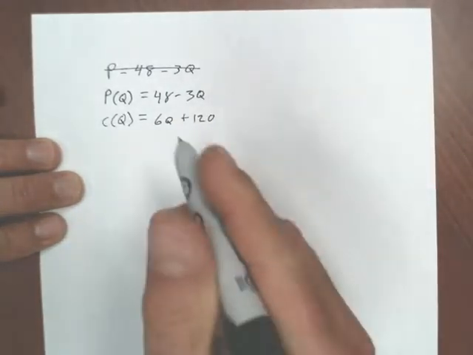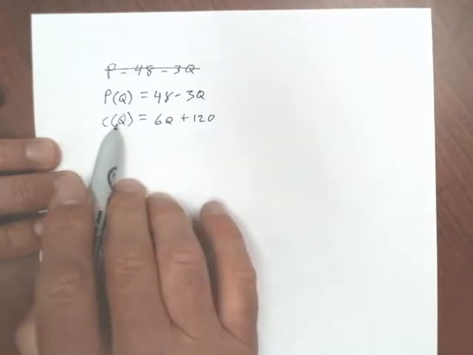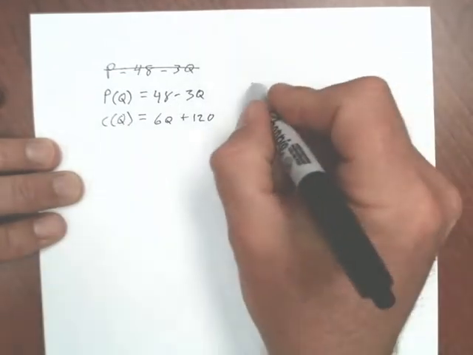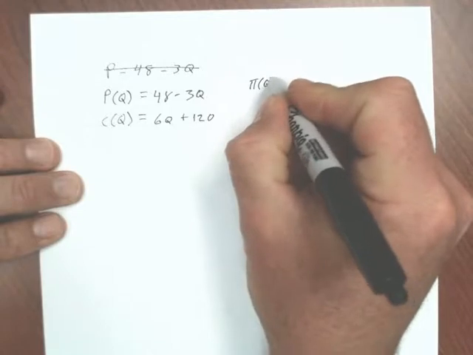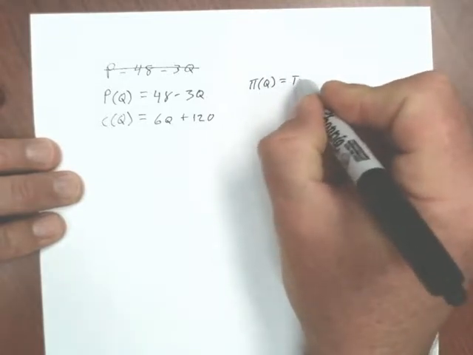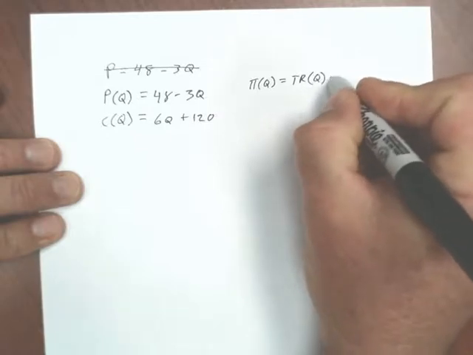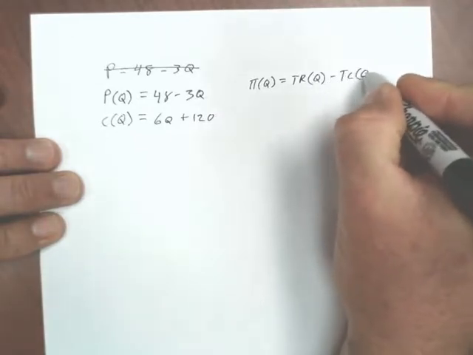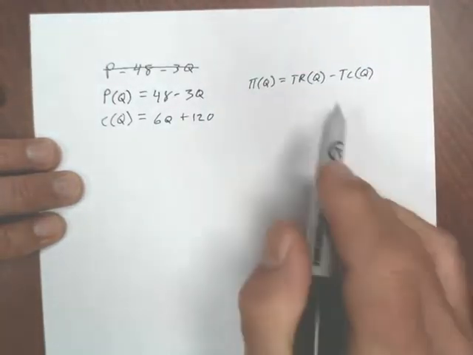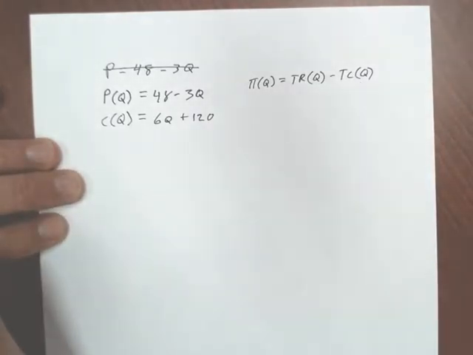Now we need to get revenue because remember profit is total revenue minus total cost. Profit is all a function of Q. What is total revenue?